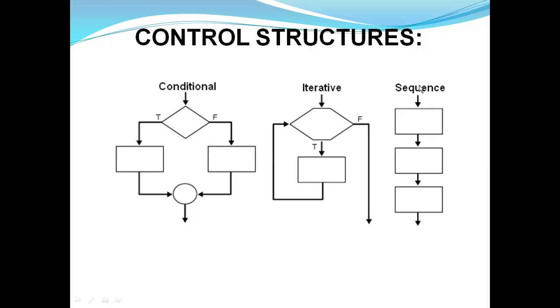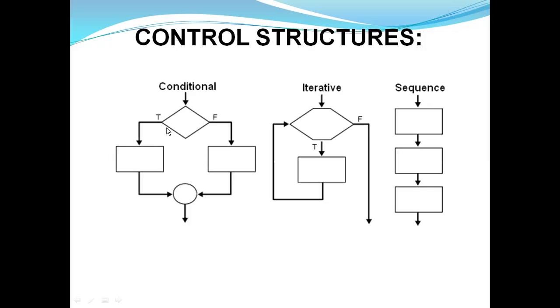Sequential, conditional, and iterative. What is the meaning of sequential? Sequential means your program will flow line by line. First line, then second line, then third line, then fourth line, up till the end of your system.